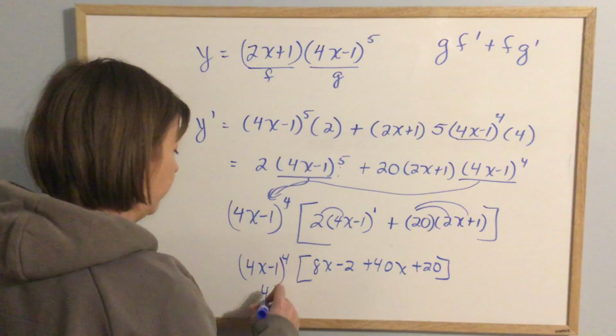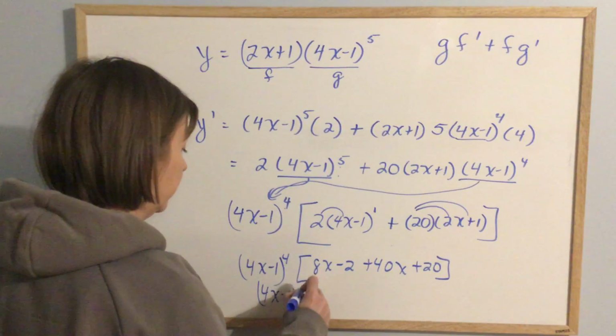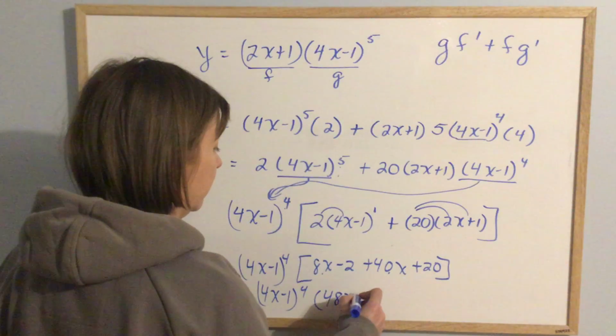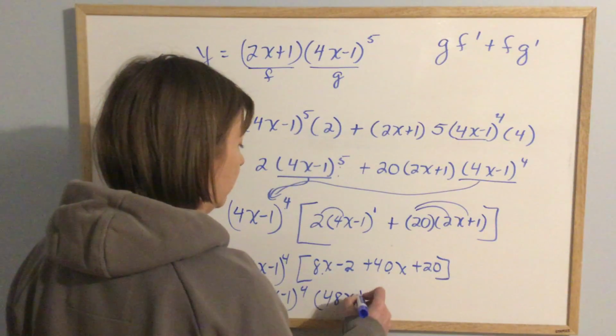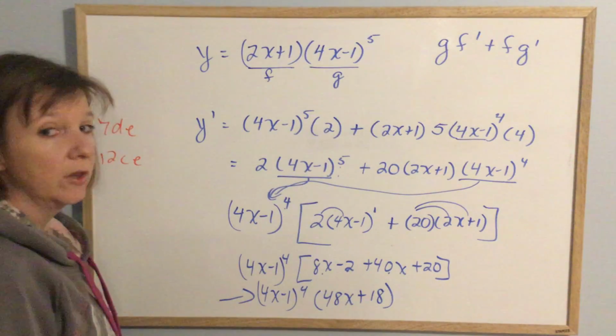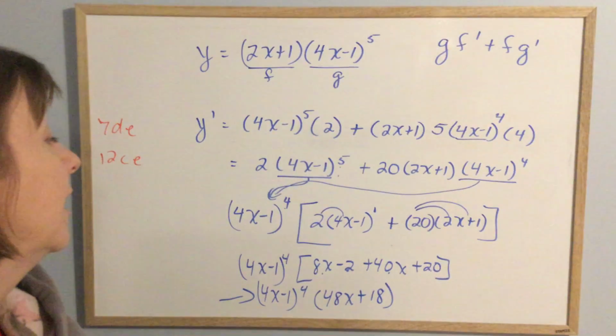And so I have 4x minus 1 to the 4th, and 8x plus 40x is 48x, and negative 2 plus 20 is plus 18. This is what they have at the back of the book.